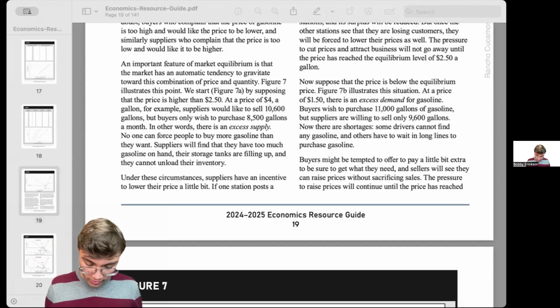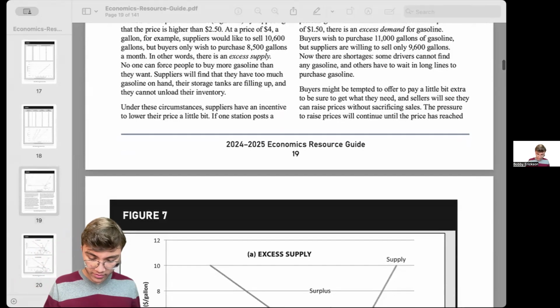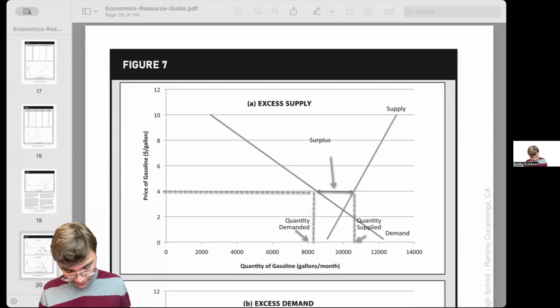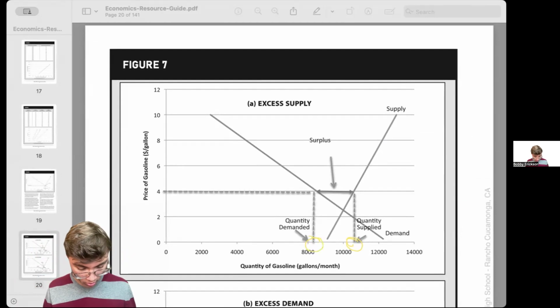Let's say it's at $4, and that would mean suppliers would sell 10,600 gallons. So you can see that by looking at the graph right here. We see 10,600, and then the buyers are demanding it at a much lower quantity.